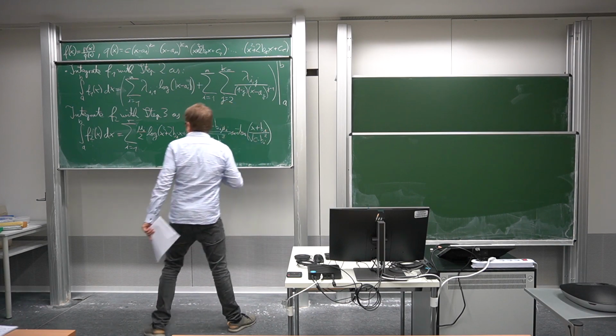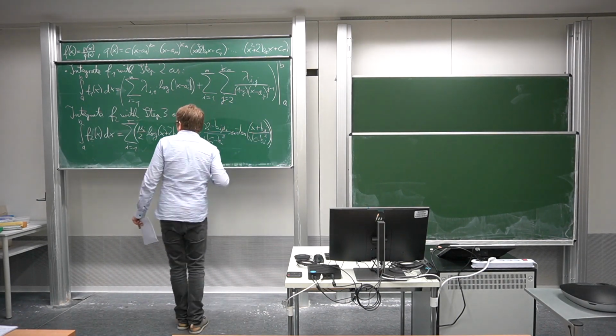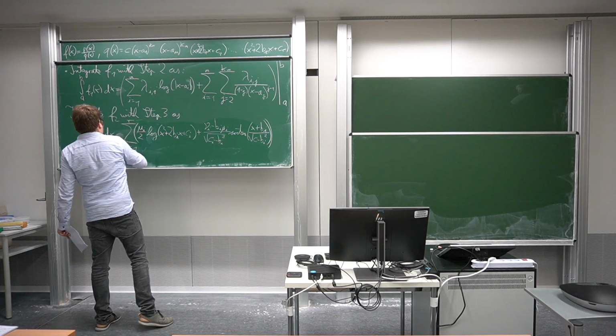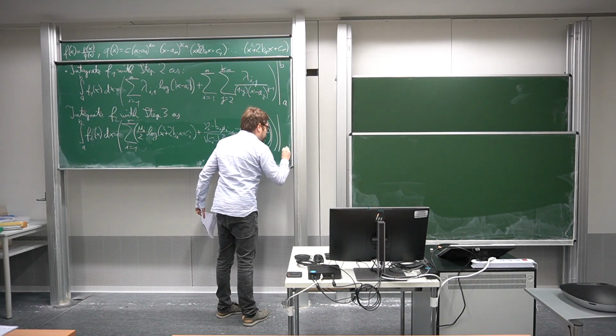So this as a function in x. Okay, here we need brackets, so here we need to sum everything over i. And now this whole thing with bounds from a to b.